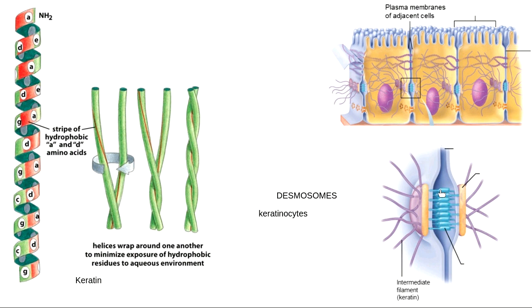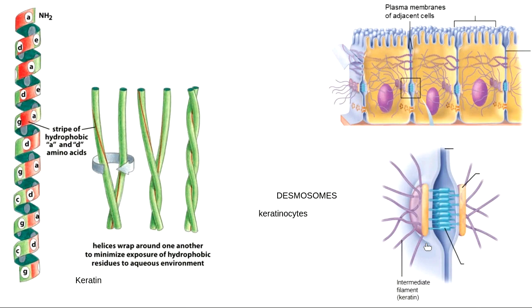So if this cell over here on the right gets pulled up, I've got some proteins down here that are holding onto it tight. But maybe instead this cell gets pulled this direction. I've got some proteins over here that can hold it tight, or down here. So the idea is with a desmosome, there are all kinds of keratin proteins holding on to or helping to form this junction between the cells.